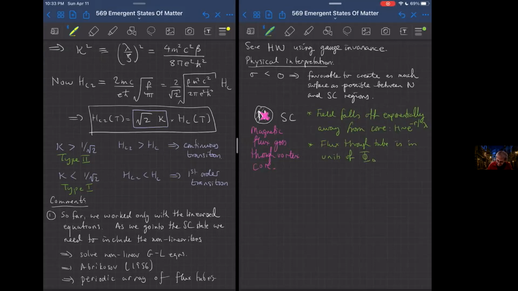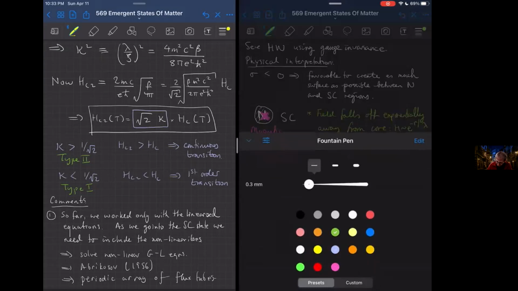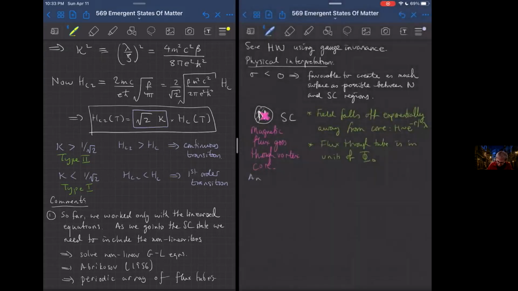all of this is exactly like what happens in a rotating superfluid, where the velocity field decays like 1 over r away from the core.